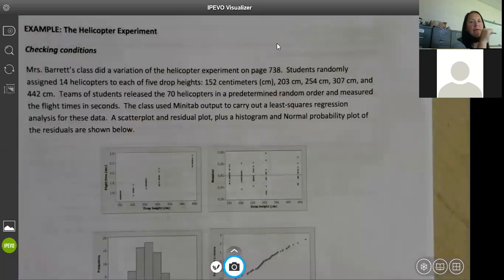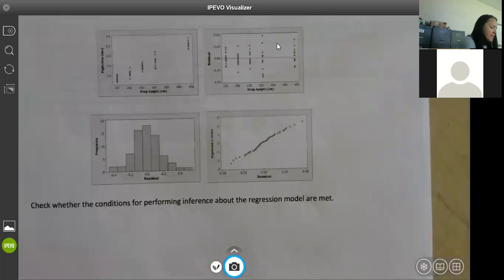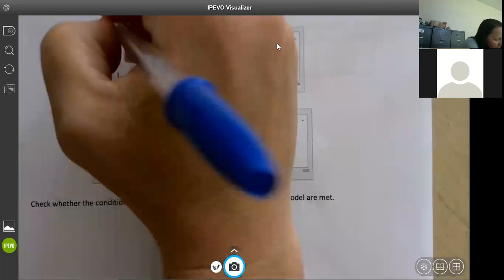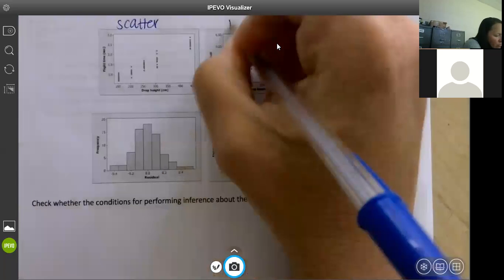The class used Minitab output to carry out a least squares regression analysis for these data. A scatter plot and a residual plot, plus a histogram and normal probability plot of the residuals are shown below. So there's all of those. This is the scatter plot. This is the residual.